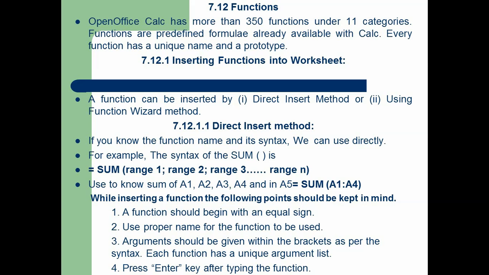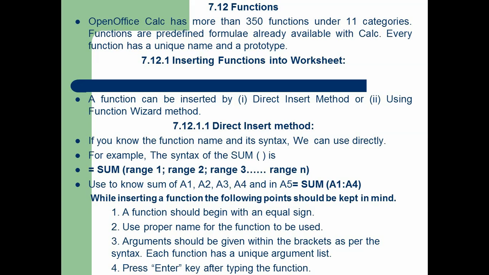There are 350 functions in OpenOffice Calc. All the functions are categorized into 11 categories depending upon the function type. These functions have a unique name and a unique prototype. Here, prototype refers to the number of inputs required for the function.